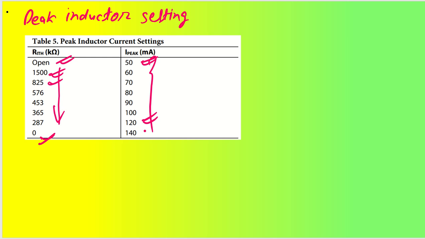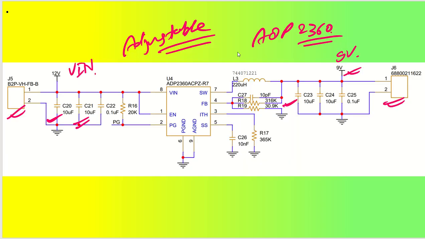If you short circuit it, then you are going to get 140 milliamperes of maximum current. And this is peak current across the inductor, so I out will be less than half of I peak, okay. So this is how we have designed this particular regulator, which is going to give you 9 volt, 50 milliamperes of current at the output, okay.